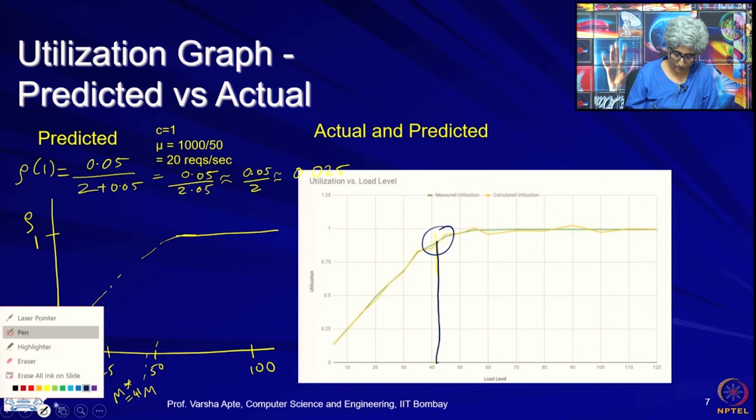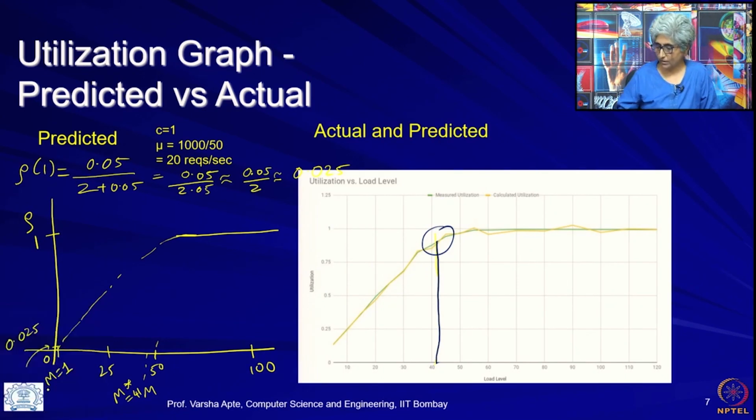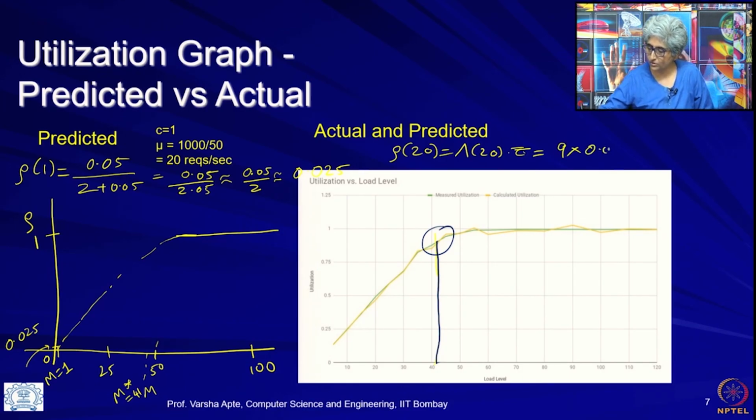So rho at 20 is equal to lambda at 20, the throughput at 20, which was 9, multiplied by tau, 0.05. This is approximately 0.45. Let us see what we get here at 20, right. So very close, this is 0.5.